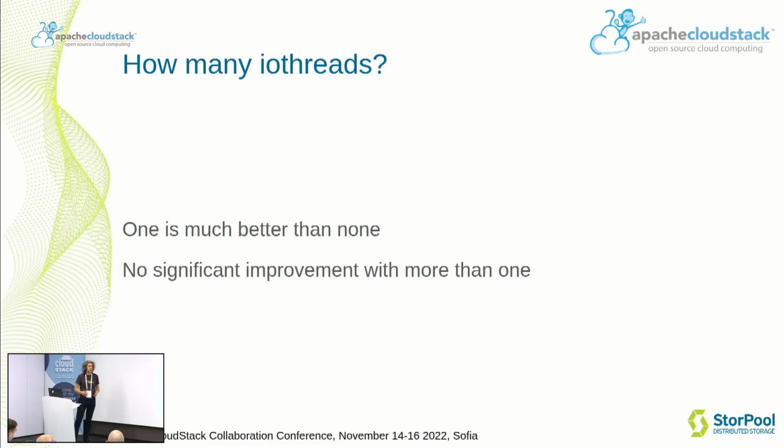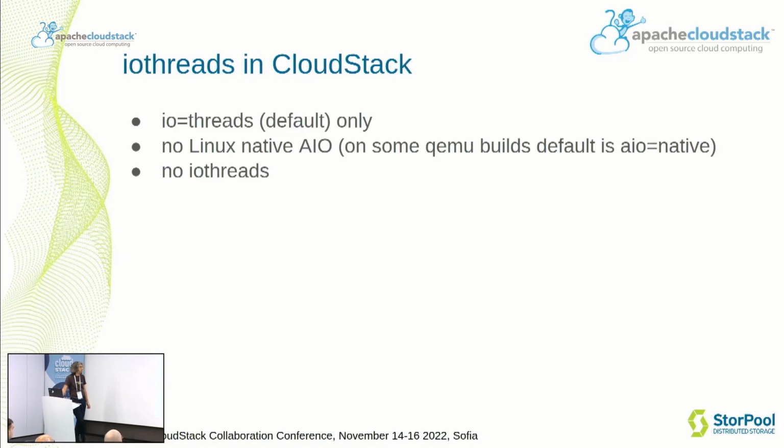Unless you have a very big virtual machine with a lot of virtual CPUs and hundreds of thousands of IOPS, then maybe multiple threads will help. But this is a very unusual and very specific use case.